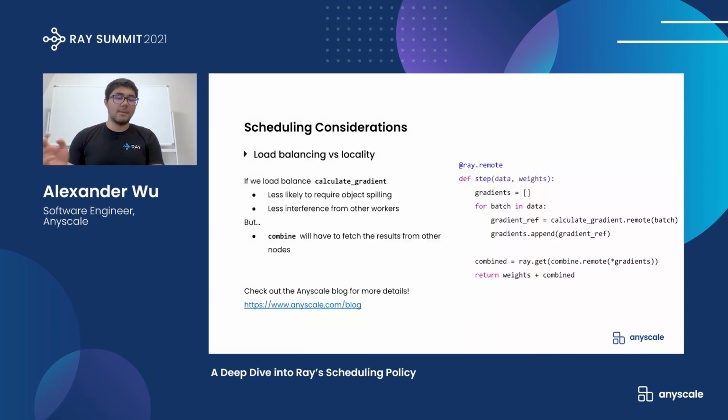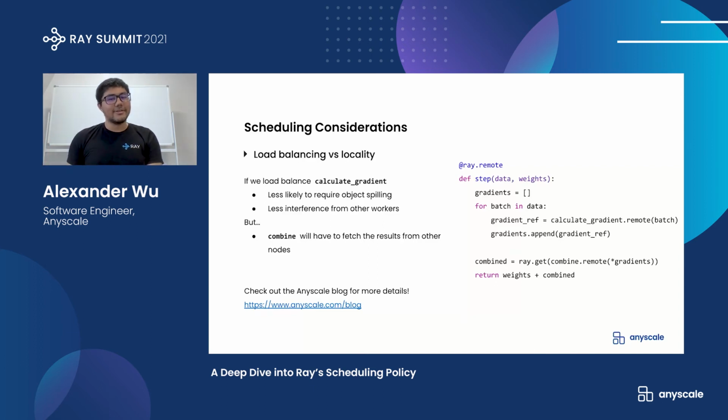You can avoid a bunch of types of interference that are really hard, nearly impossible, to avoid. There are things like CPU cache coherence that you arguably don't even want to avoid because the impacts of avoiding it would be worse than dealing with it. There's other things like object spilling, and so for a lot of types of workloads, people typically default to load balancing.